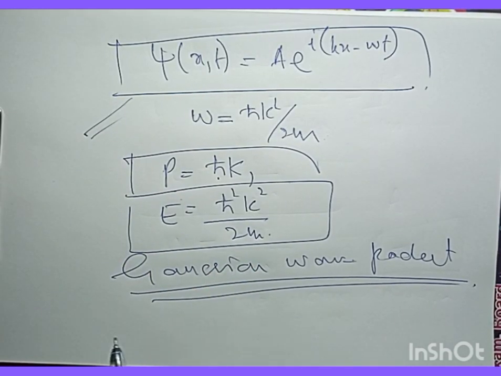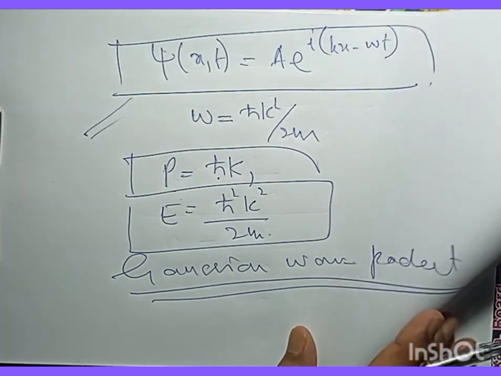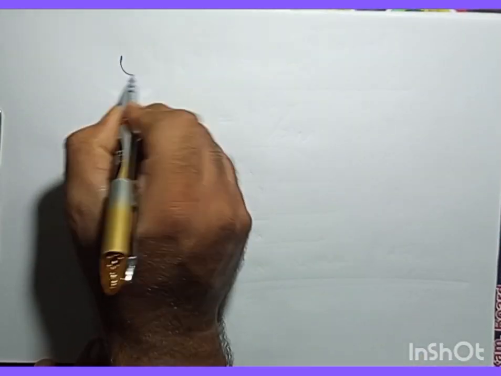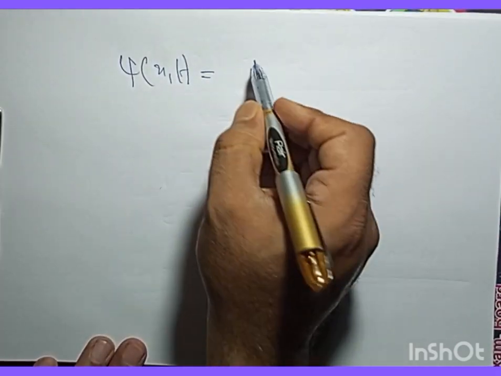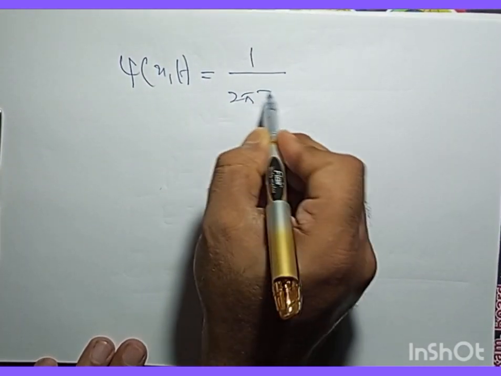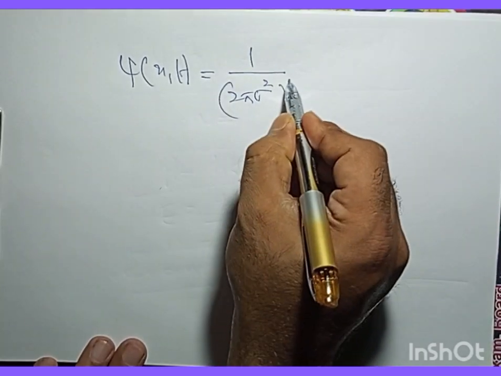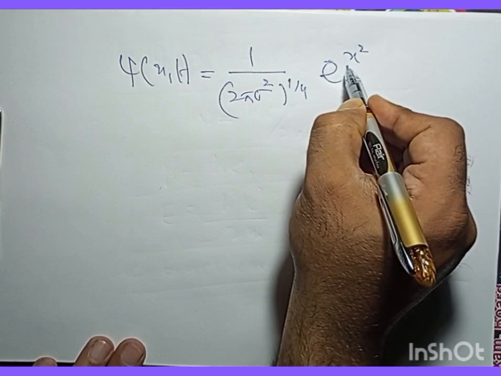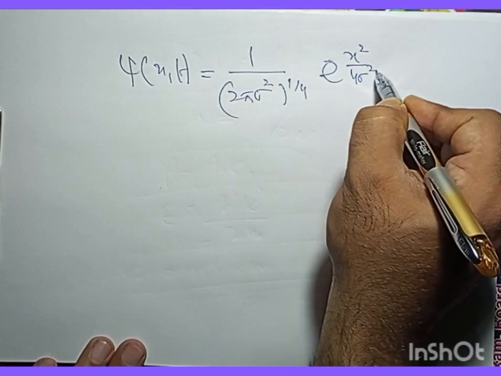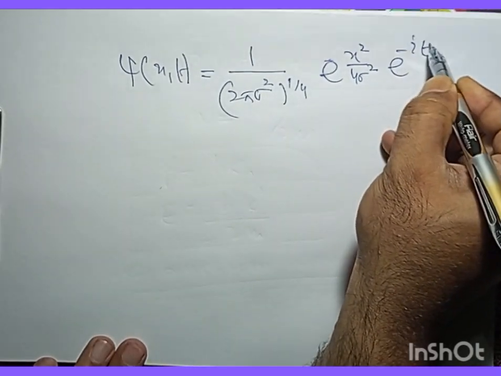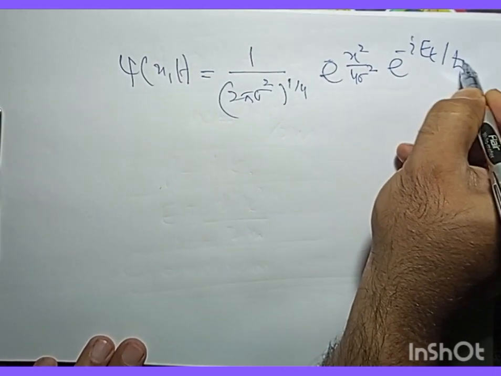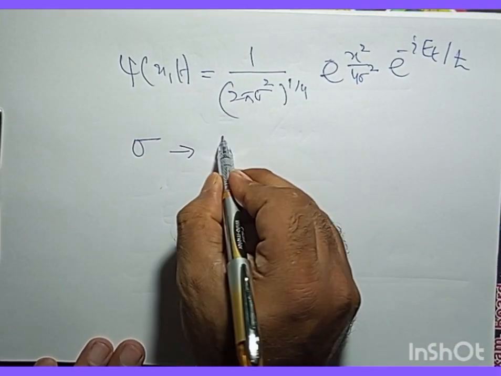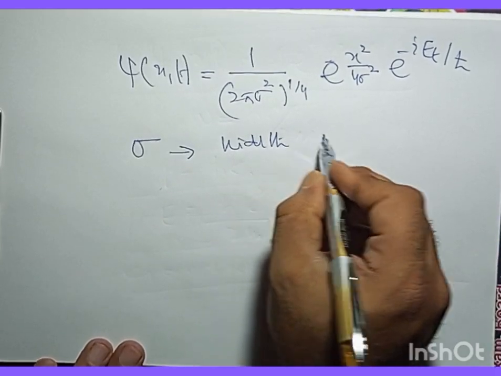So we can write down the wave function describing this free particle as psi of x and t is (1 by 2 pi sigma squared) whole raised to the power 1 by 4, e to the power of minus x squared by 4 sigma squared, e to the power of minus i E t by h cross. Where this sigma describes the width of the wave packet.